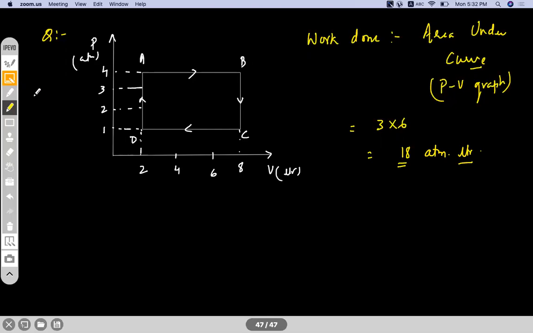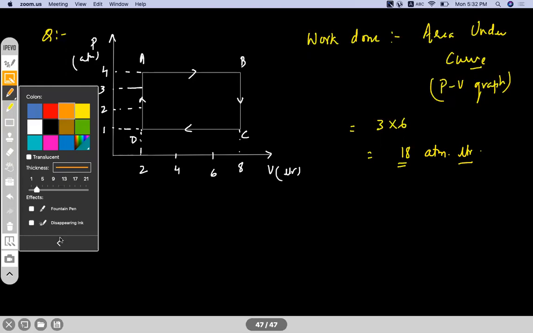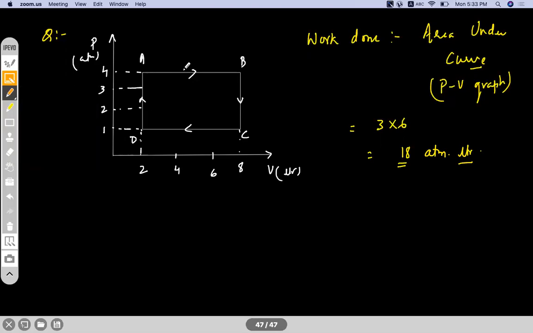Okay, atm liter. But the next is here, you see, work done total, area though you can find out simply, but total work done would be what? If you see whether it is negative or positive, then what we'll do?